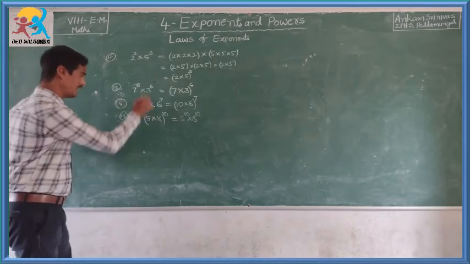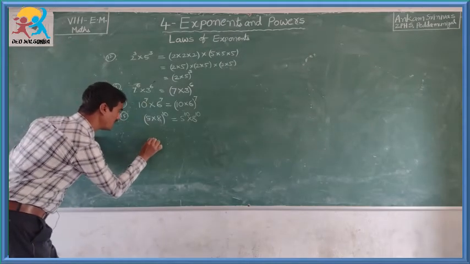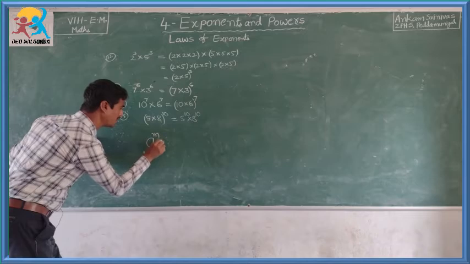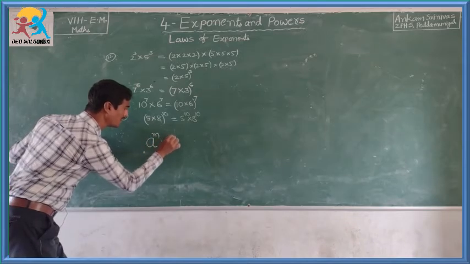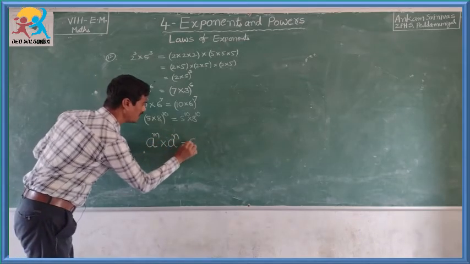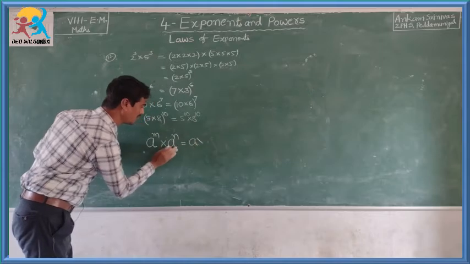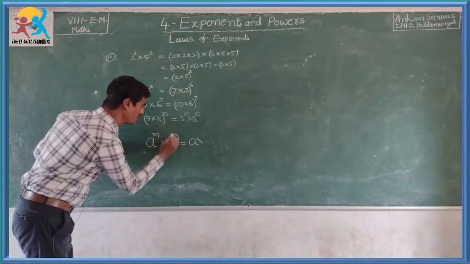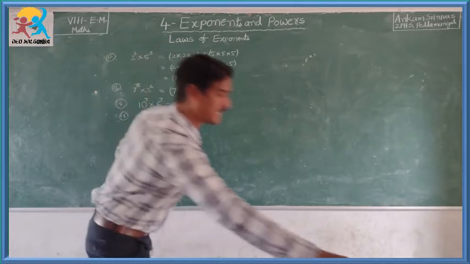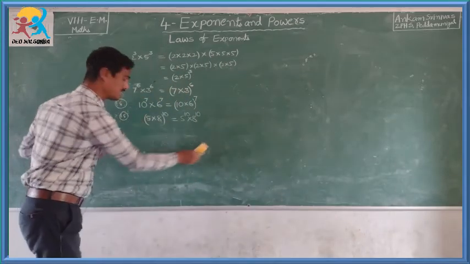So in generalized formula, a power m into b power m equal to a into b whole power m. We should take the same exponent.